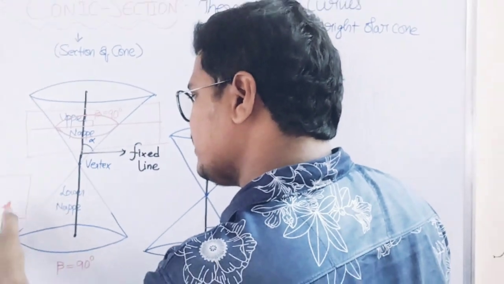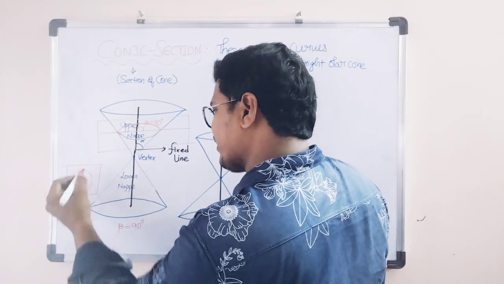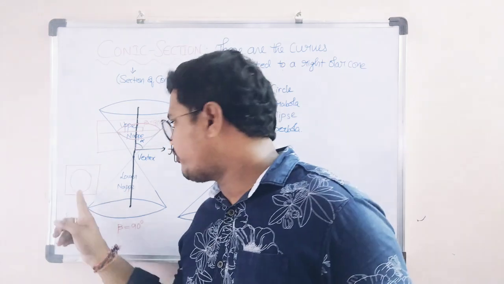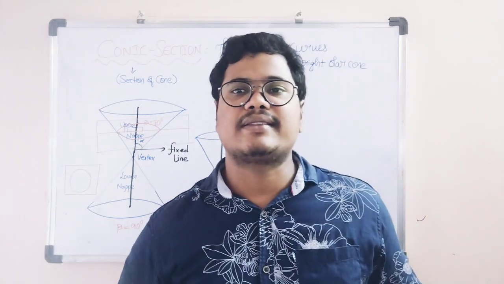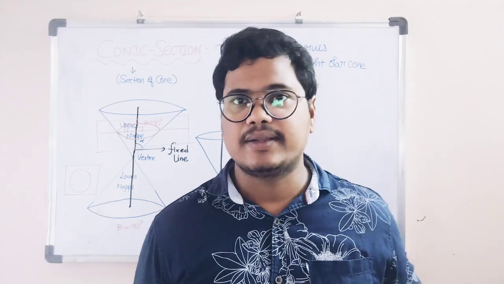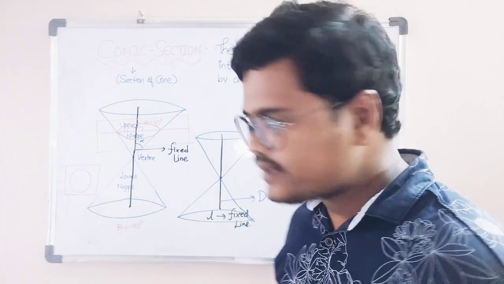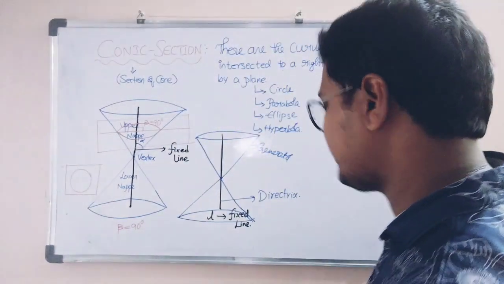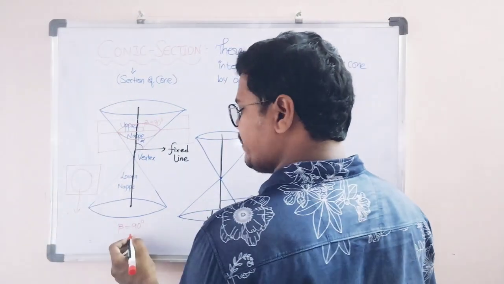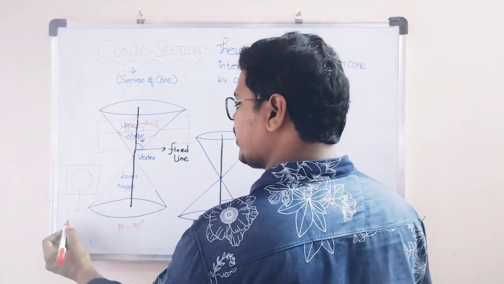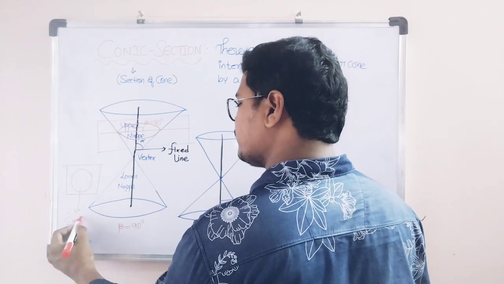There is a plane which, after cutting, forms one simple closed figure that is none other than a circle. At angle beta equal to 90 degrees, it forms a circle.